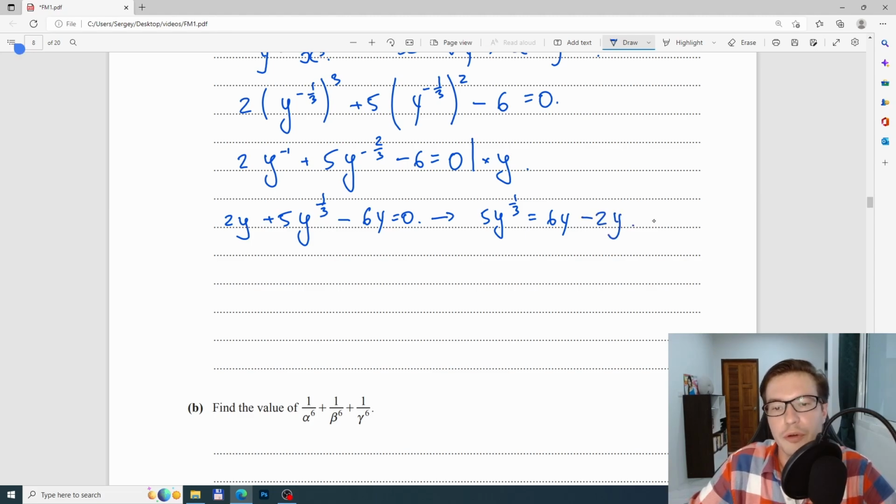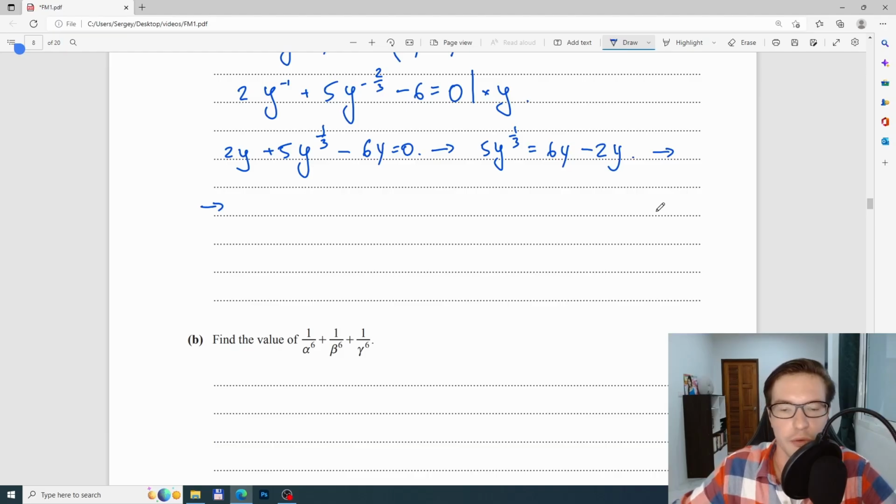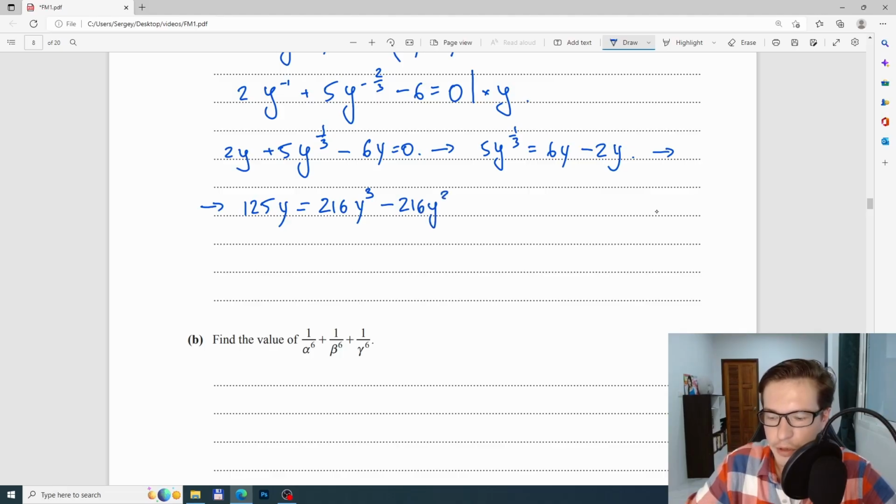Now remember, y to the power of a third means the cube root of y. How can I get rid of a cube root? Obviously, I'm going to cube both sides. 125y equals 216y cubed minus 216y squared plus 72y minus 8.